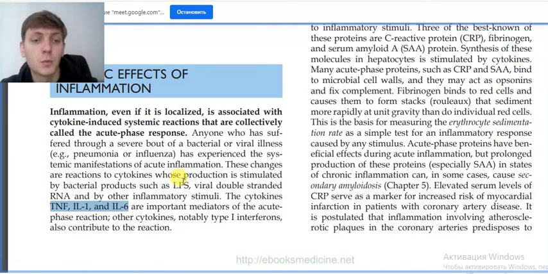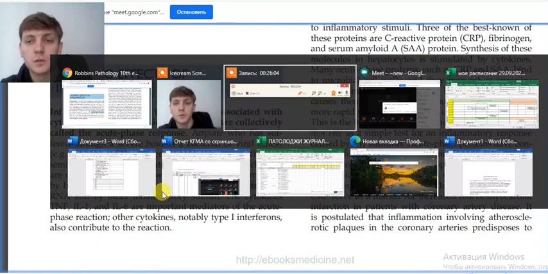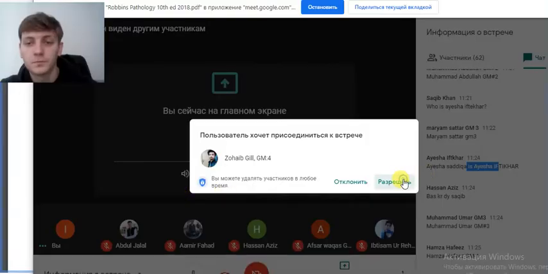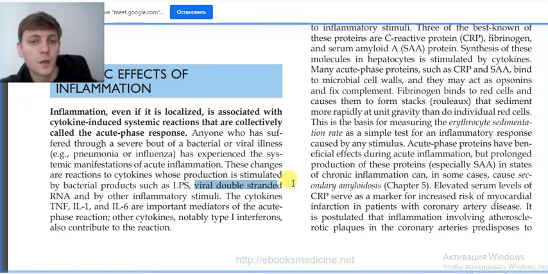They are also promoted by bacterial products such as lipopolysaccharides, or viral double-stranded RNA and any other stimuli, of course.